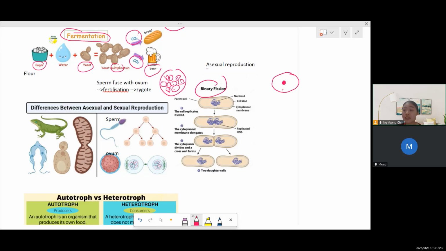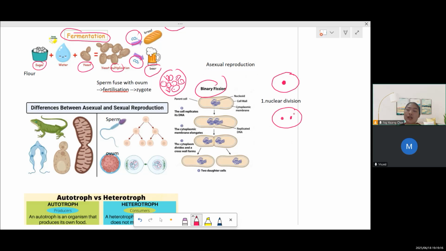So how are they able to produce two cells from initially one cell? They first divide their nucleus. They will undergo nuclear division. It means that one nucleus will divide to become two. Can you imagine?